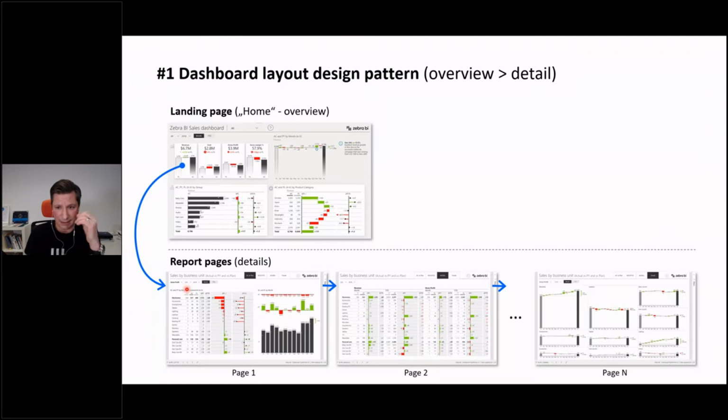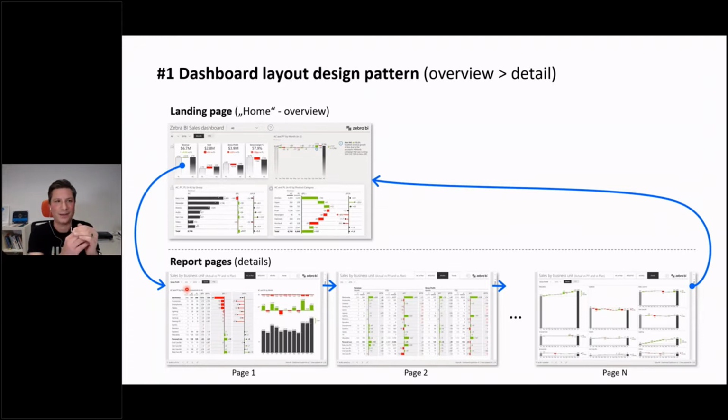And then when I'm done, when I have all the information, when I have the insight, I'll be able to plan some actions, and then I can return back to my landing page. So it's a very simple, two-step pattern from the landing page to the detail and back. So it's like a master detail pattern.